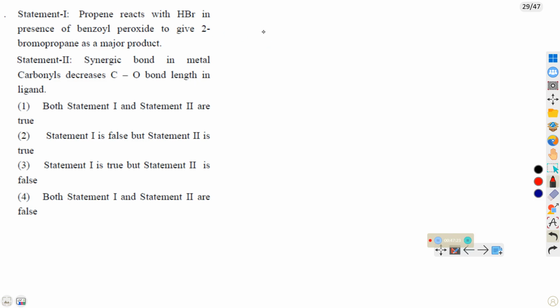Propene, CH3CH=CH2, reacts with HBr in the presence of peroxide. Benzoyl peroxide is given. In the presence of peroxide, it follows which rule? Anti-Markovnikov's rule.